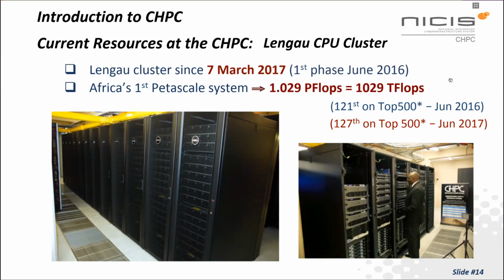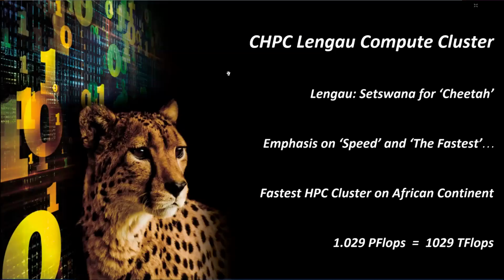It was ranked 121 in the world in 2016 for the top 500 HPC systems, and 127 in 2017. I think we have currently passed the 500 mark as far as I checked last. Lengau is the Setswana word for cheetah, and the emphasis is on speed and being fastest. And again, it was the fastest HPC cluster, just over 1 petaflop.